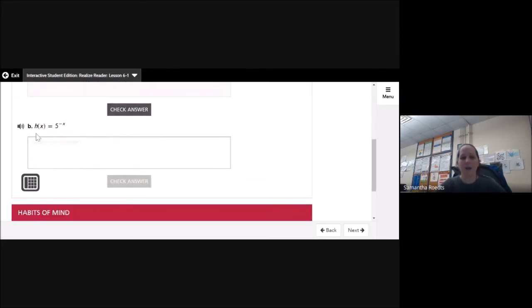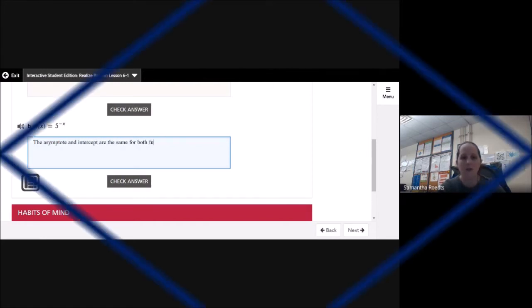Okay. For b, h of x equals 5 to the negative x. Okay, so this one, the asymptote and intercept are the same for both functions.